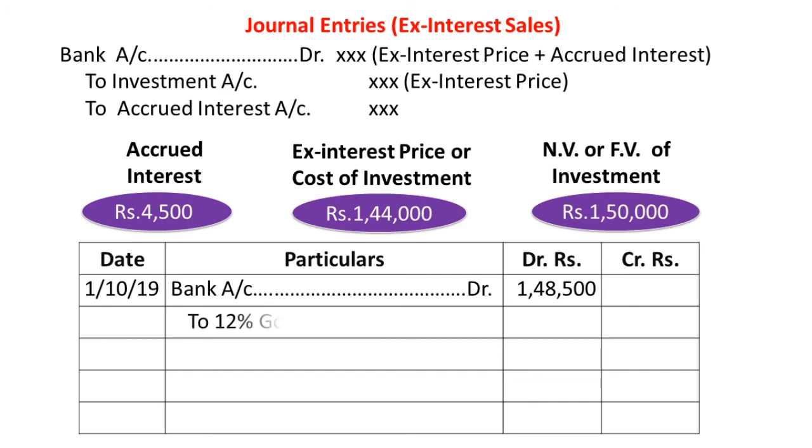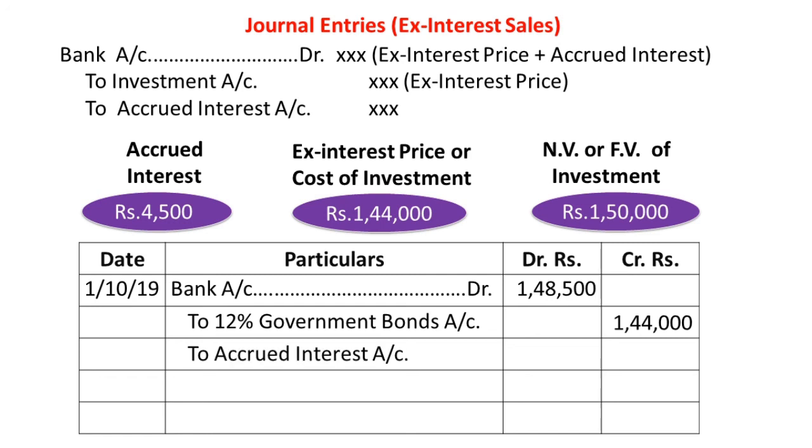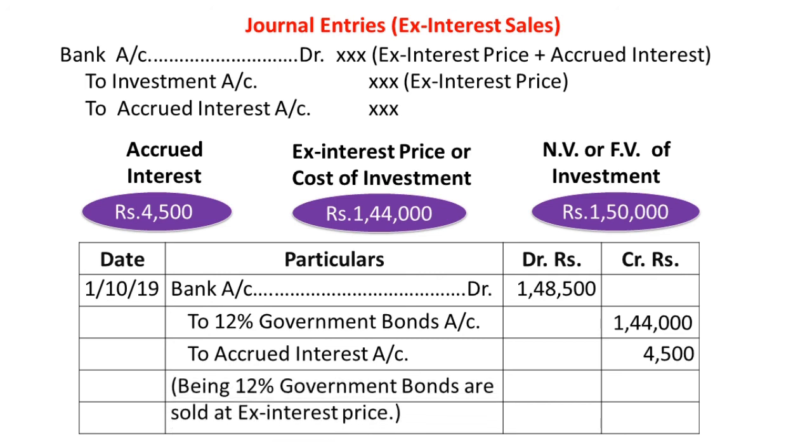Investment goes out, so government bond goes out. So 12% government bonds with the amount of cost which is 1,44,000, and to accrued interest rupees 4,500. The narration is, being 12% government bonds are sold at ex interest price.